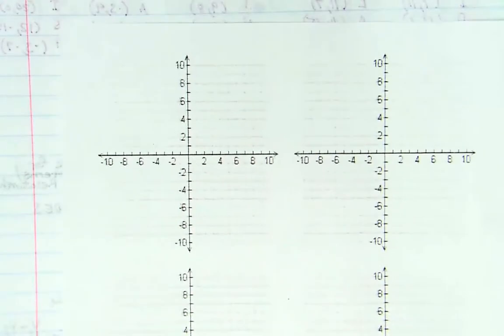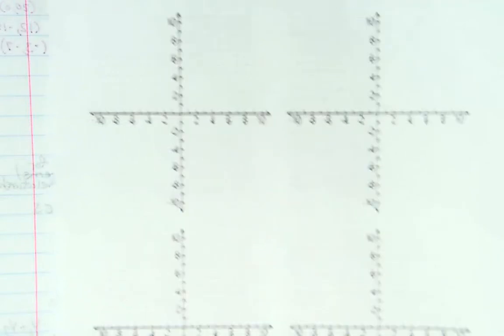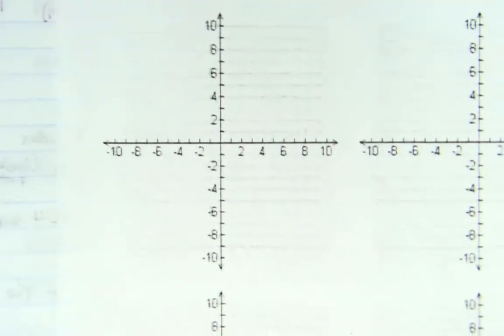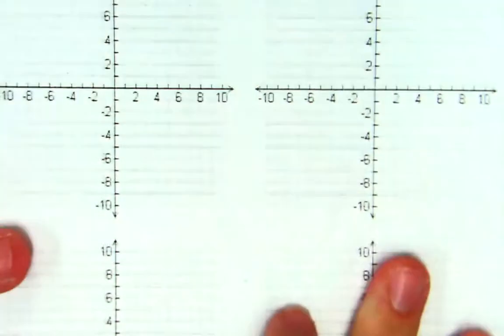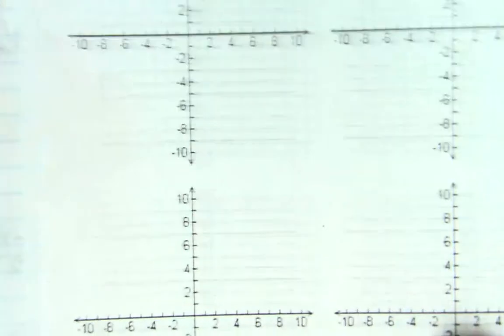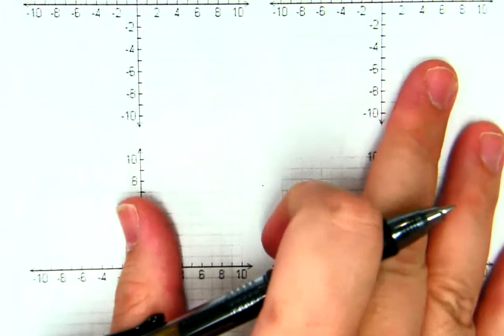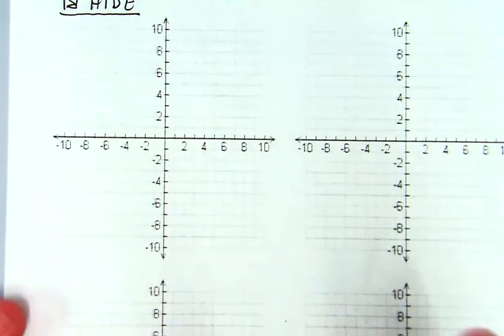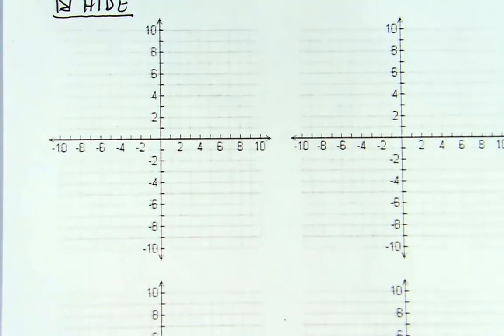But what I would like you to do first is take out the graph, and we're going to start with quadrilateral hide. And for this, whenever you're making a graph and you know that the sides are going to be straight, you're going to use a straight edge.